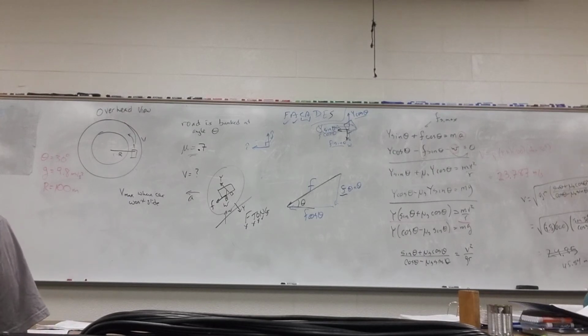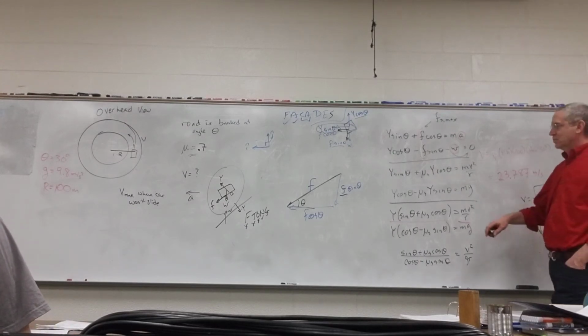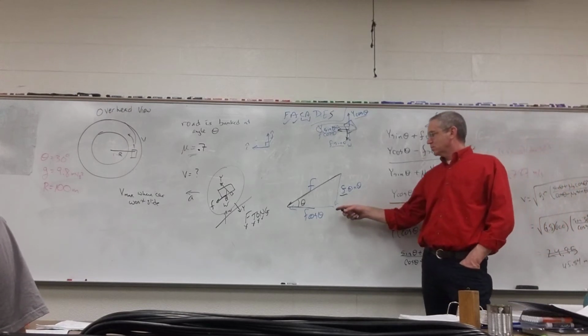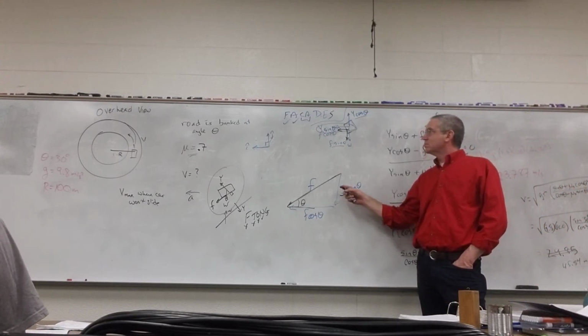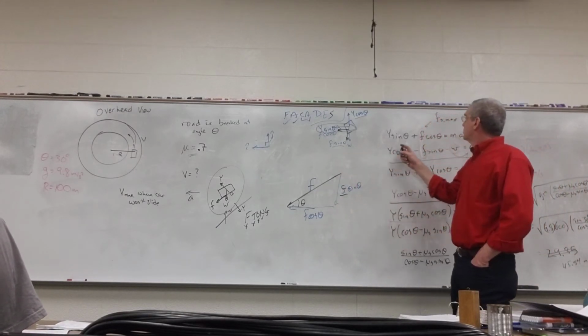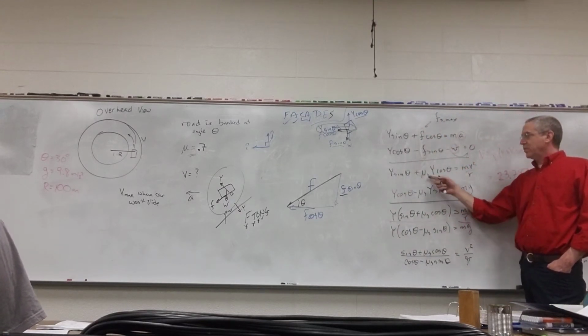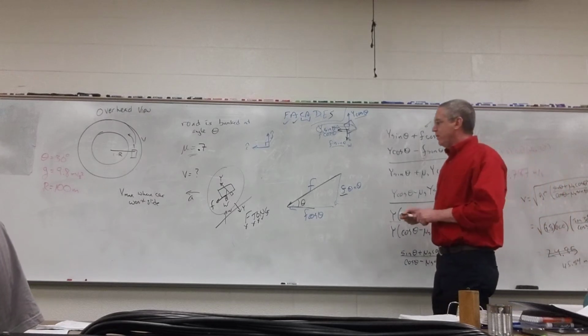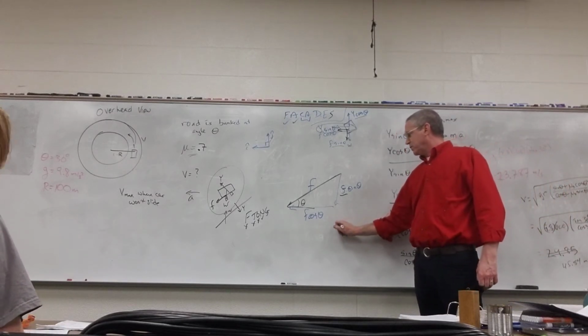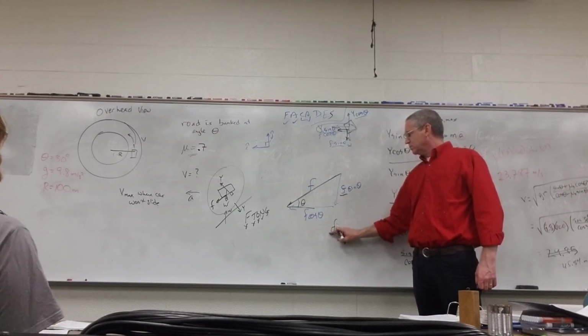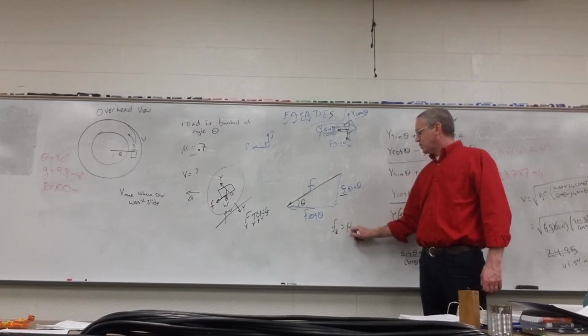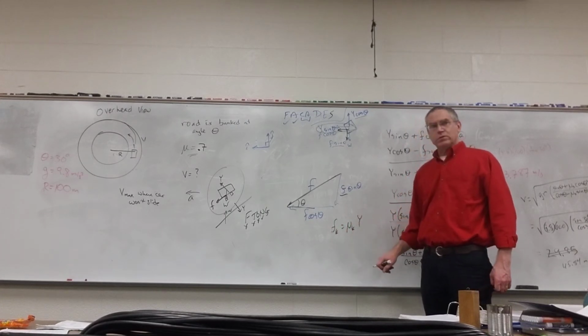Where'd that come from? So you have F cosine, and I see you got F_s max up top. That's the static friction max. And mu_s y is what changed. If you flash back a couple lessons ago, kinetic friction is equal to the coefficient of kinetic friction times the normal force.